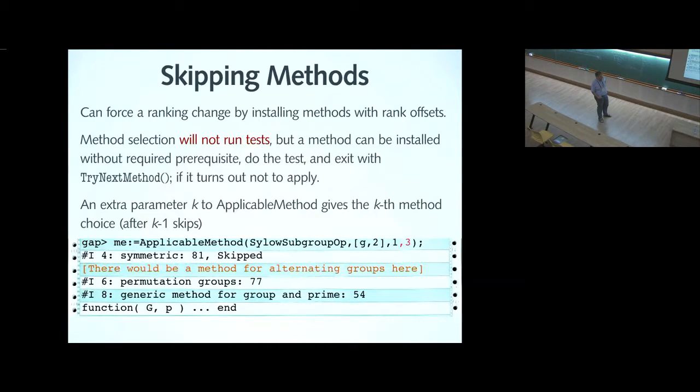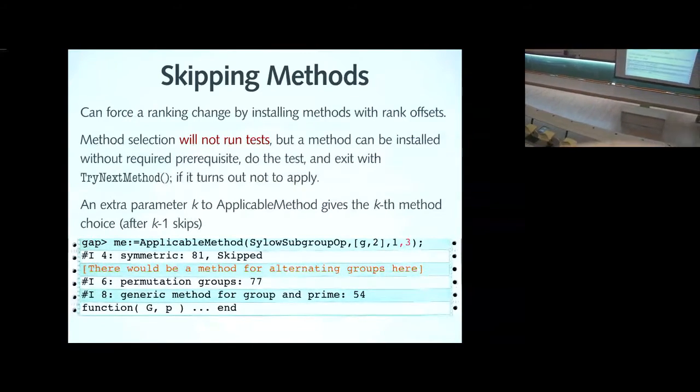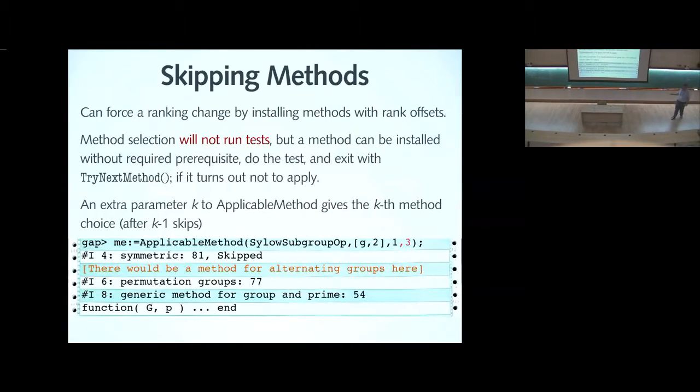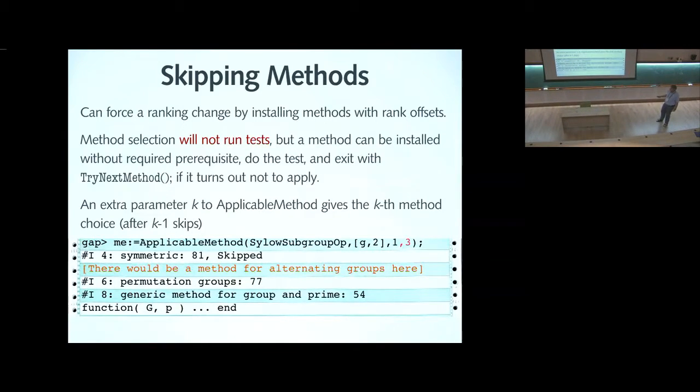Then the second one is a method pseudo-subgroup for permutation groups, but because of the 3, it's also skipped. And then it goes into a very generic method, which just needs that we have a group and a prime. Well, this would not happen in real life because the symmetric group method doesn't bail out, but sometimes it's interesting if you want to compare how things behave. This allows you to get the actual function back, and you could call this function ME or whatever you call it on GN2 to calculate it if, say, you don't trust a particular method.